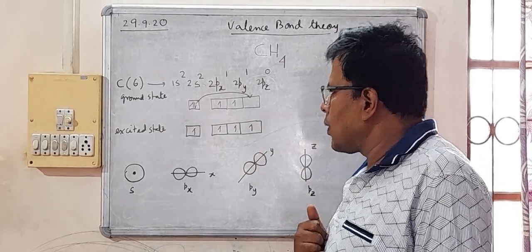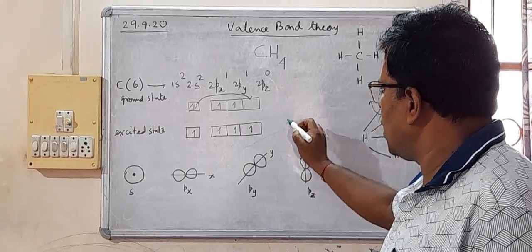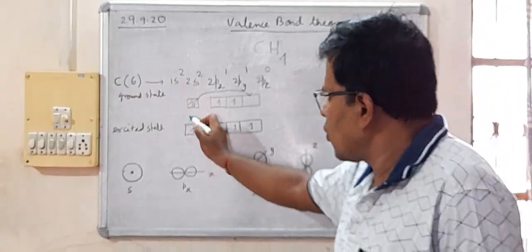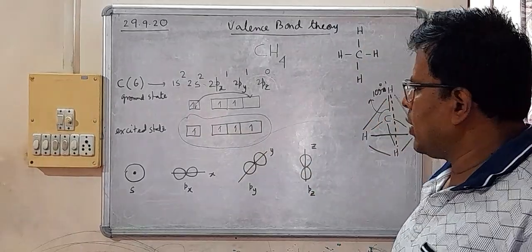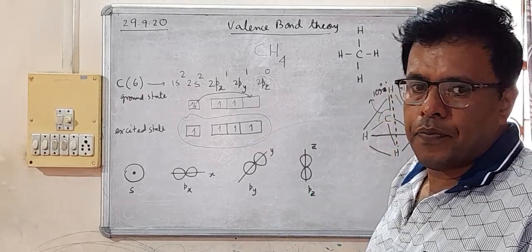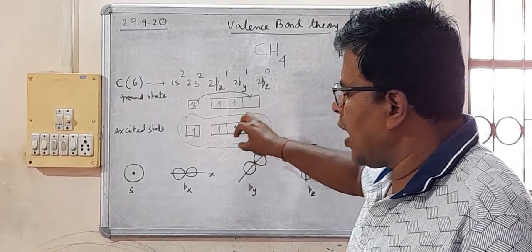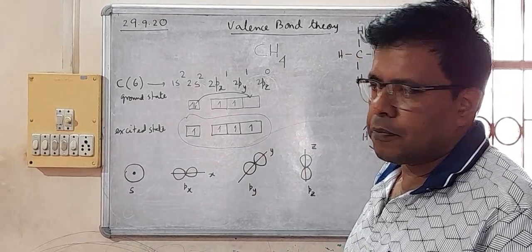Before overlap, a phenomenon takes place that I'm going to tell you here. Before overlap, these 4 orbitals mix together, and a new set of 4 orbitals are formed.